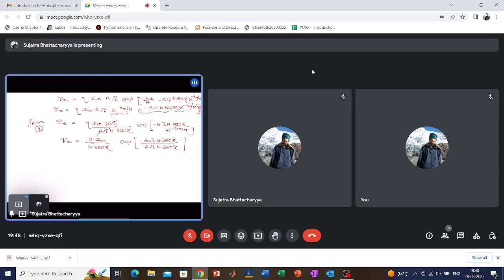So it's all 1. Therefore Qm is eta I infinity cos of chi divided by h, and this is the exponential of 1. This is the peak production rate, right? And it depends on chi, very important.